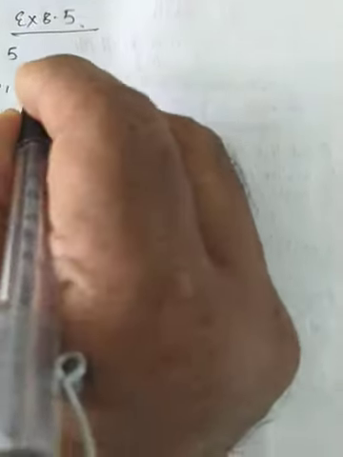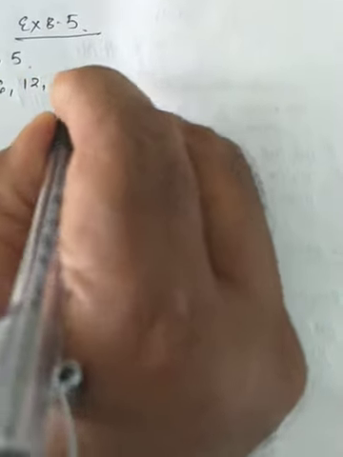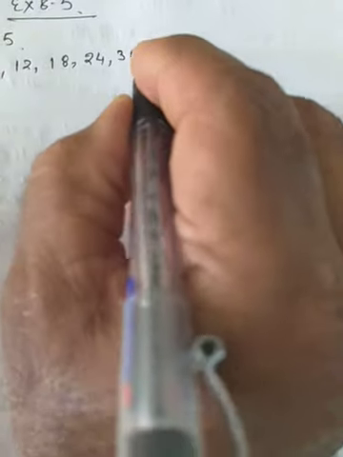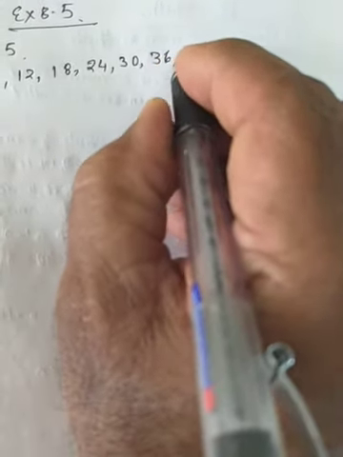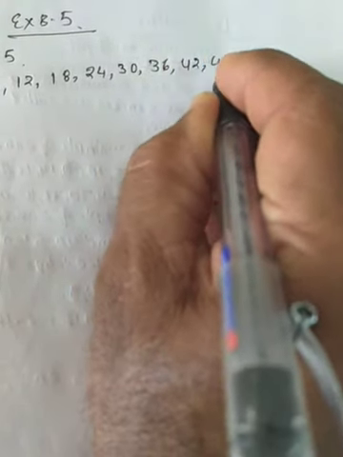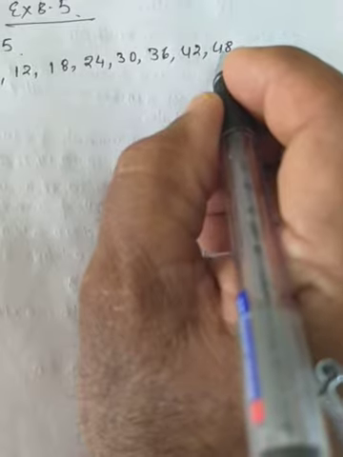The multiple of 6 is 6, 12, 18, 24, 30, 36, 42, 48 and so on.